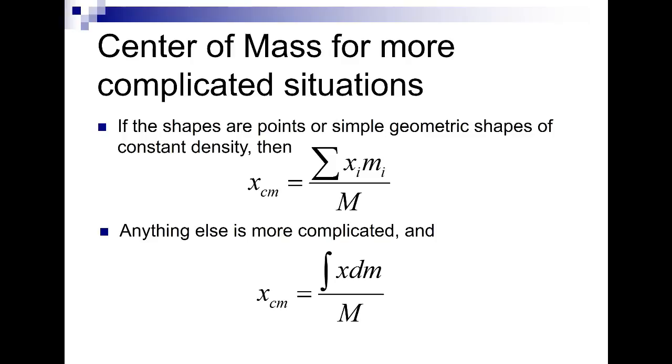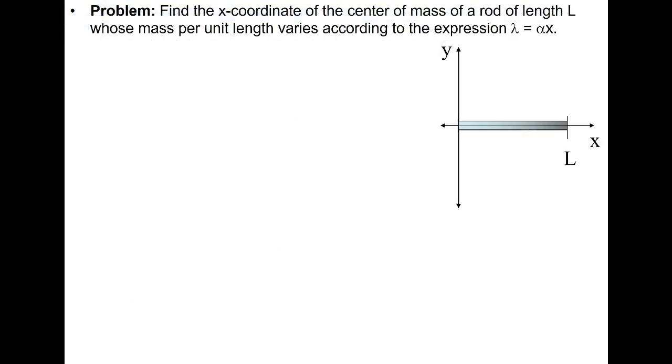So instead of a sum over i of x_i m_i, we split it up into a bunch of small masses, dm_i. And when we take the sum of those, that actually turns into an integral. So let's look at an example of this.